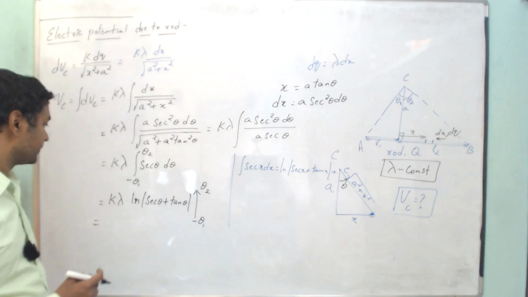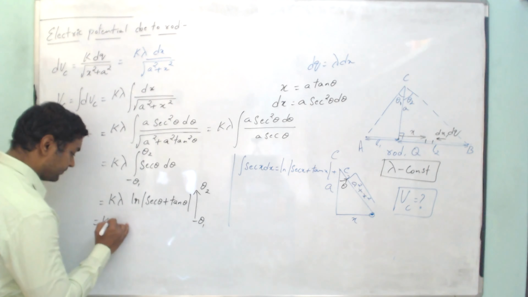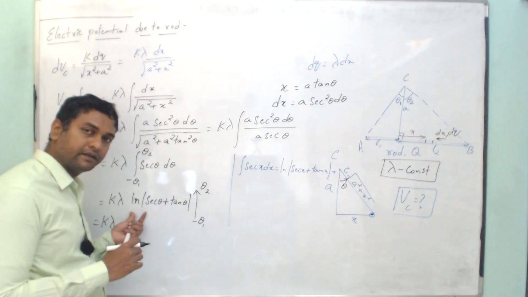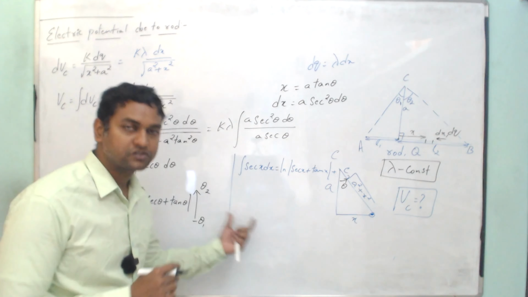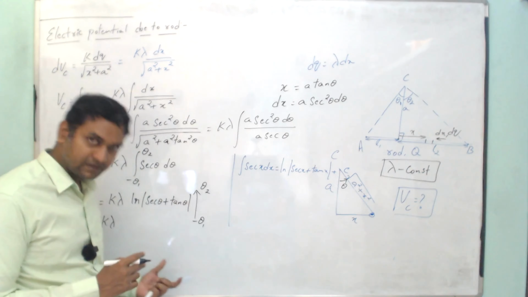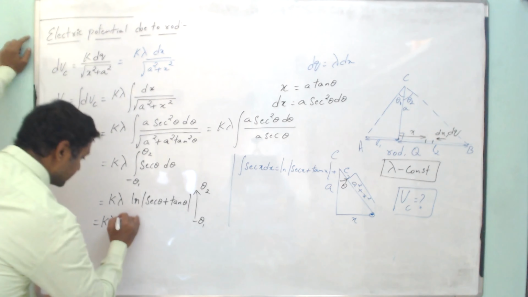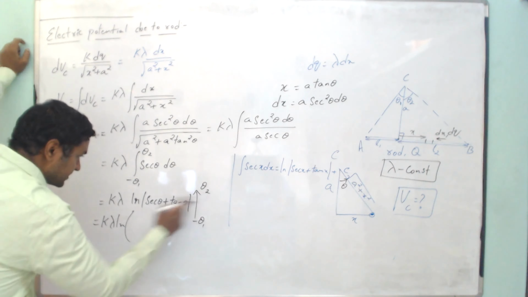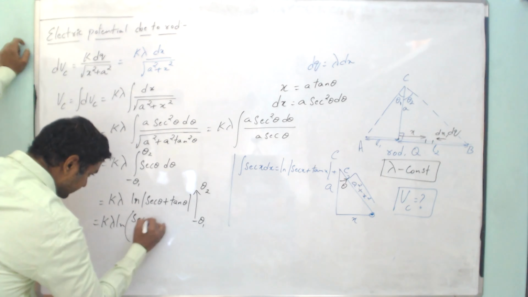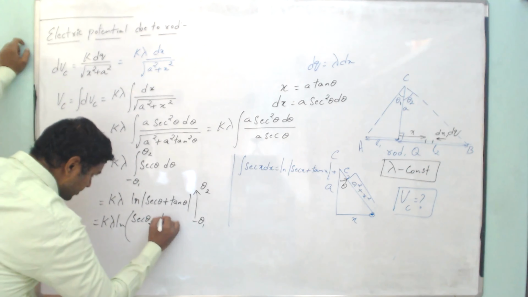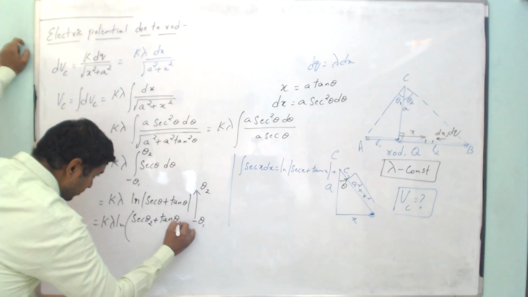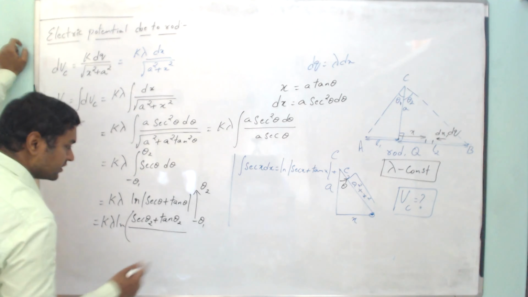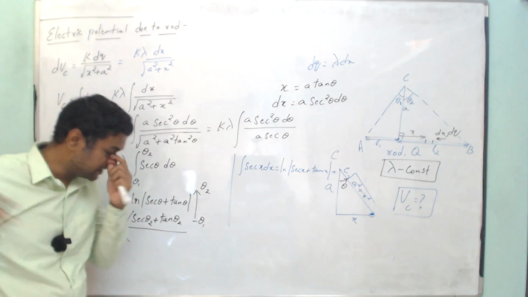So k lambda, for ln, when I do upper limit minus lower limit, I can write it as a by b. So it is ln of, I'll directly write it, first theta 2 is secant theta 2 plus tan theta 2, divided by secant of minus theta 1.